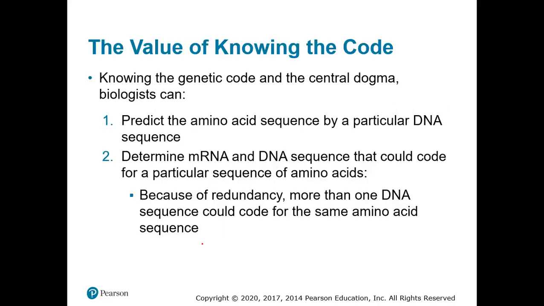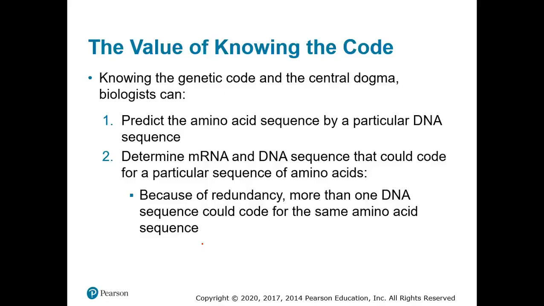Now, as we've already demonstrated, we can use this code and we can use the central dogma to predict. We can take a region of DNA and figure out what amino acid sequence is going to be made. But if we wanted to flip that around, we could also figure out what mRNA and DNA sequence would code for an amino acid sequence.